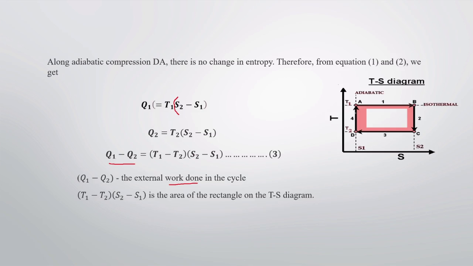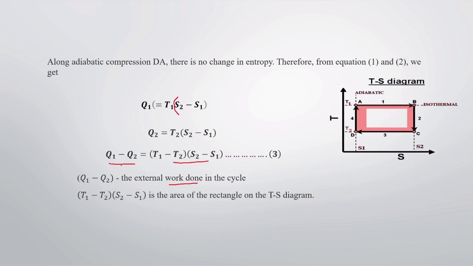As you can see here, T1 minus T2 gives you the length of this rectangle, and S2 minus S1 gives us the breadth of this rectangle. The length multiplied by breadth gives you the area of the rectangle. So on the right hand side we have the area of the rectangle, and on the left hand side we have the work done in the cycle.